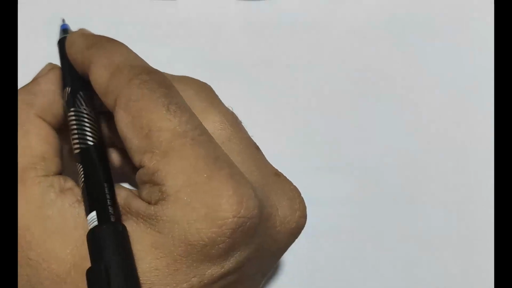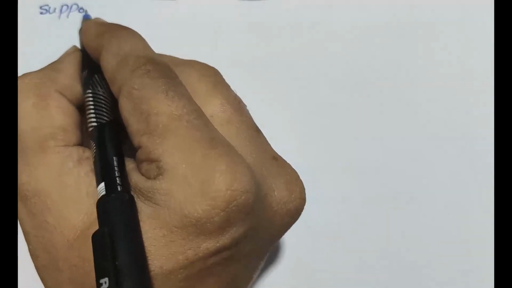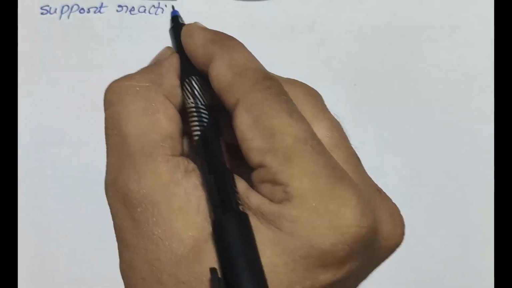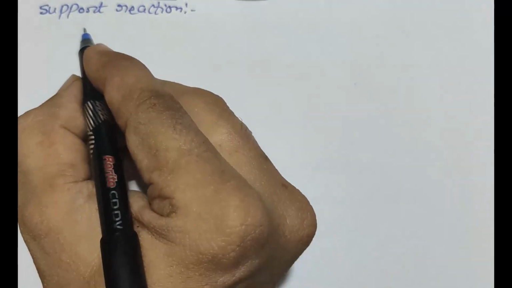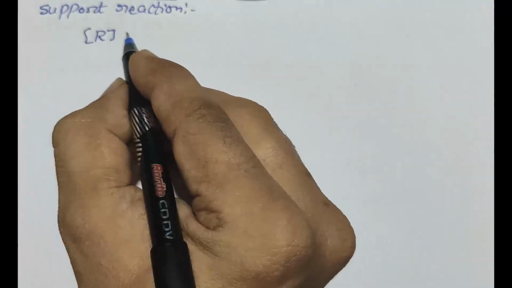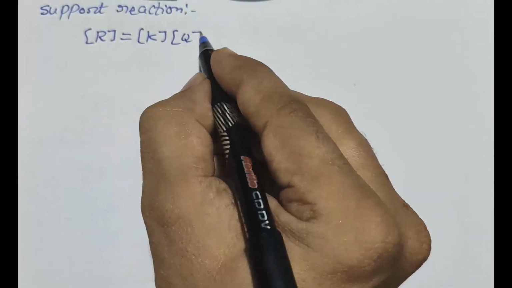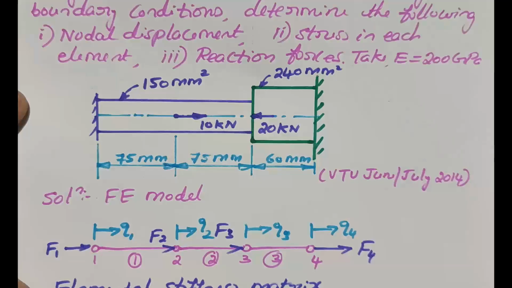So next is support reaction. The formula is R is equal to K into Q minus F. See the figure, we have support at node number 1 and support at node number 4.